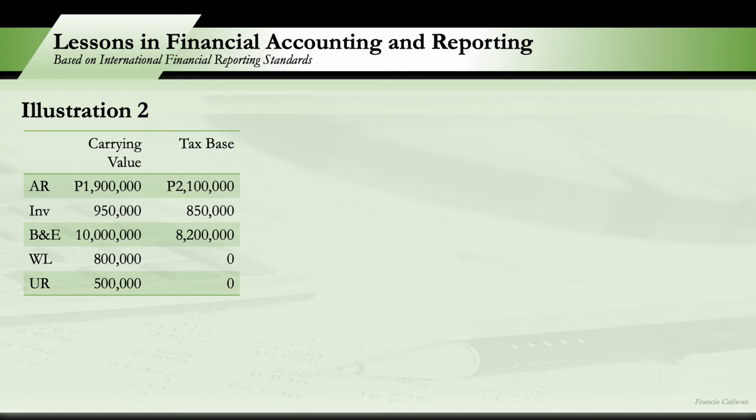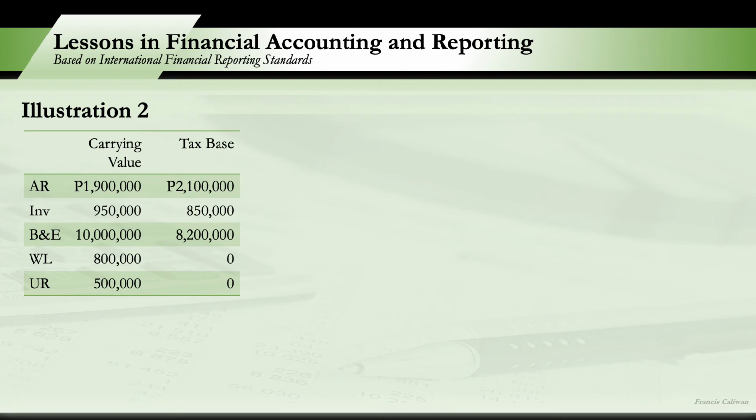Again, our formula is: if the carrying amount of an asset exceeds its tax base, or the carrying amount of a liability is less than its tax base, and finally, if accounting income is higher than the taxable income, then that is a future taxable amount resulting in deferred tax liability. That is all you need to memorize. If you reverse those, of course, those are future deductible amounts, which will result in deferred tax asset.